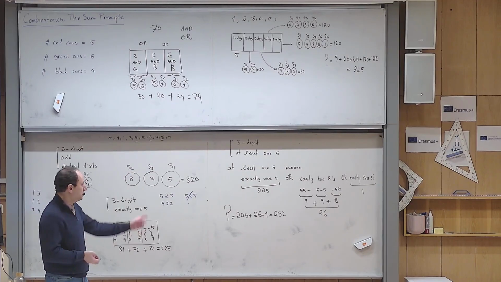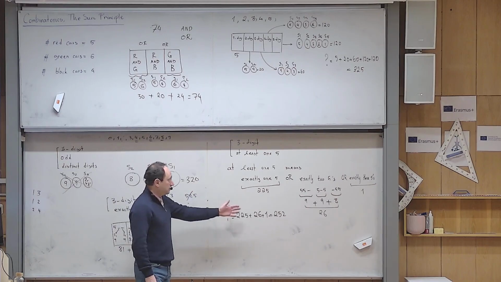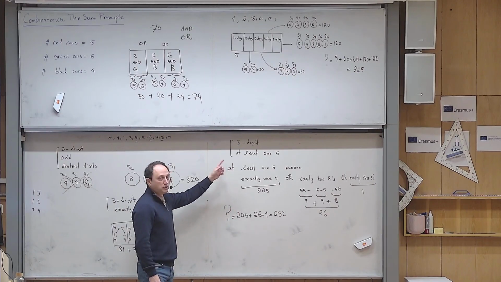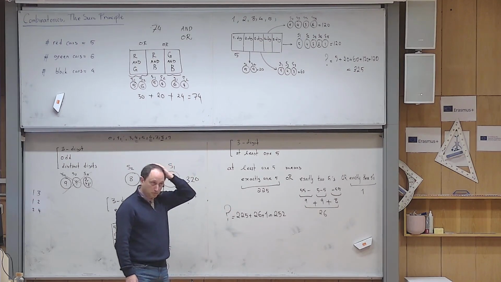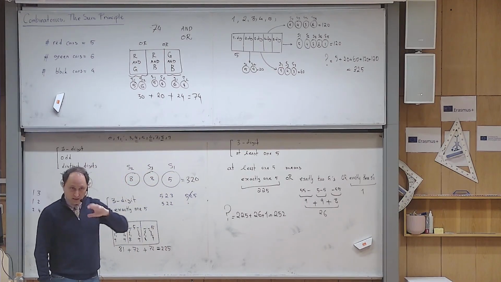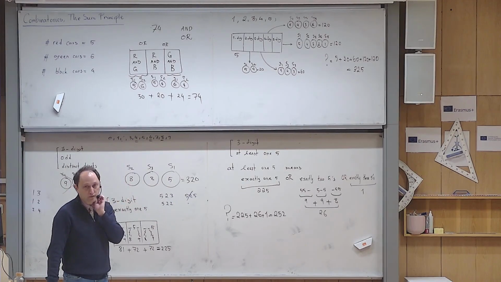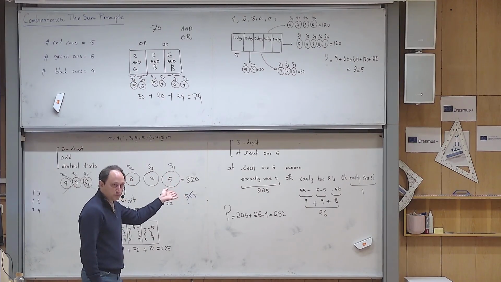Okay, so here, instead of calculating it like this, I can say, let me consider all 3-digit numbers, and count the number of the items with no 5s. And then what is left for me? Because I want to have at least one 5.